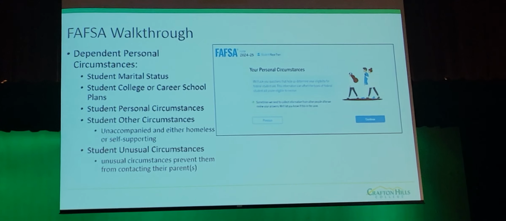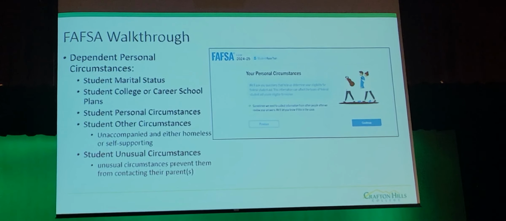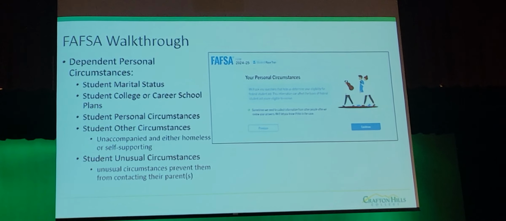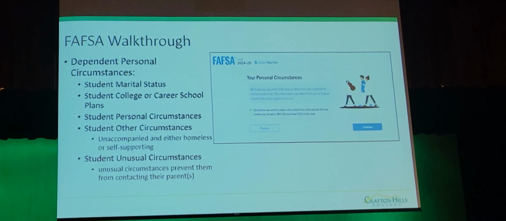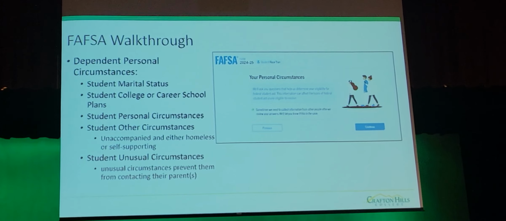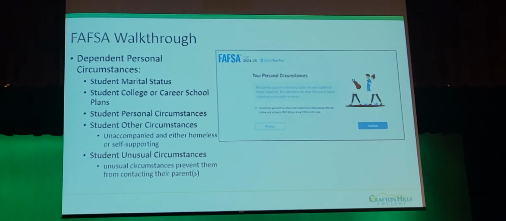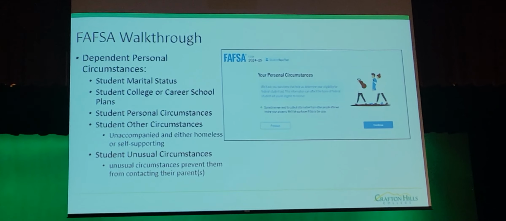This next part is going to be for the personal circumstances of the student. Each of these bullets is basically what the tabs are going to ask you for, like the student's marital status and what their college or career goals are.